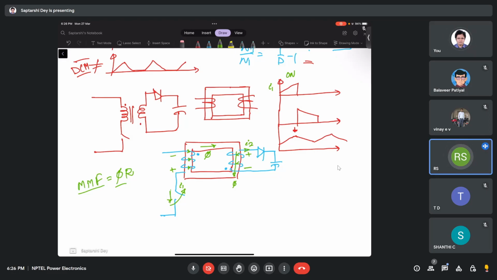But even before this voltage could do any harm or damage to anything, the diode turns on and lets the flux drop linearly. The diode turns on because the secondary current builds up, and the flux because of the primary goes down. So the stored energy is now going to the load.